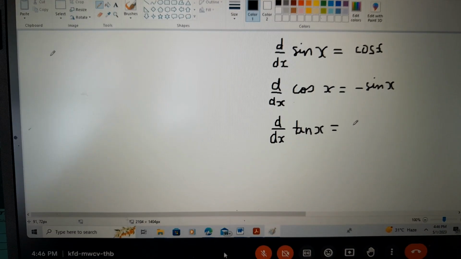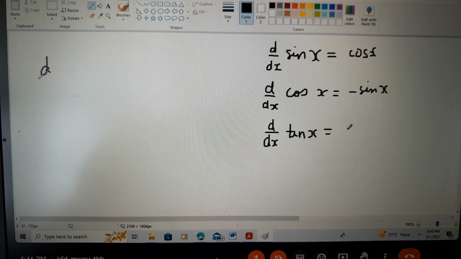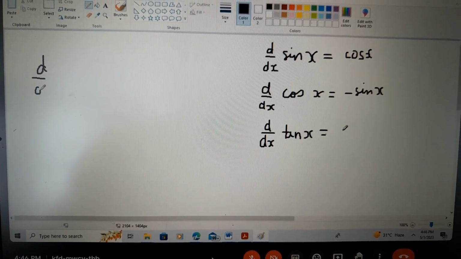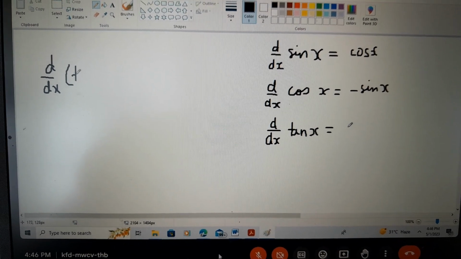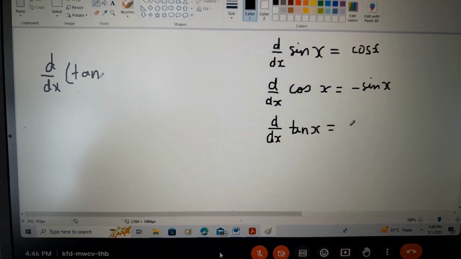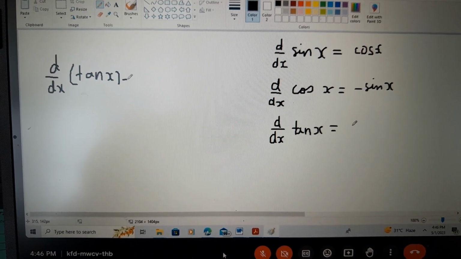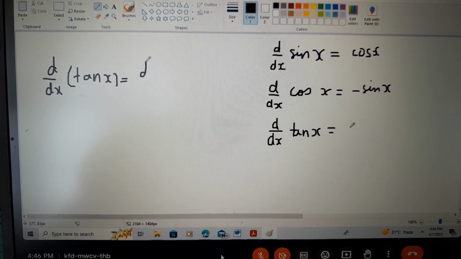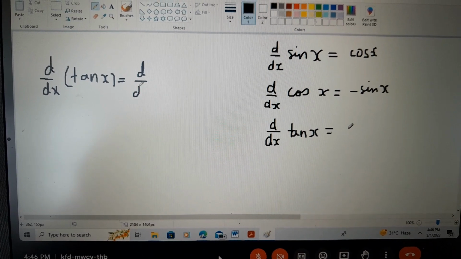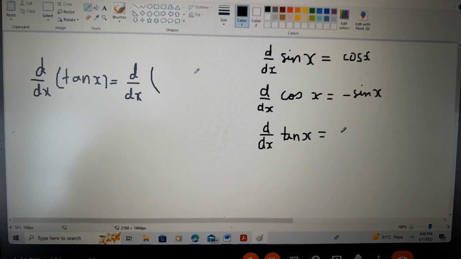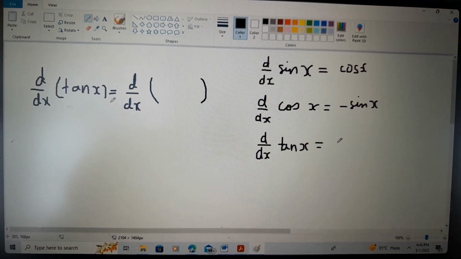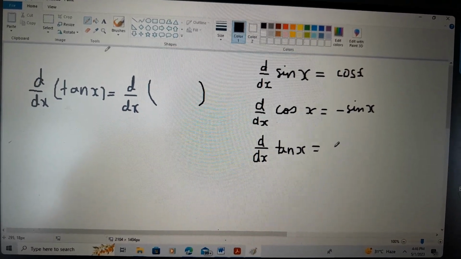Right? So this is an excellent point for us to study. So the derivative of tan x, I need you to work with me here, is the same as the derivative of what tan x is equal to by itself. How can we rewrite tan? Tan x is the same as what?